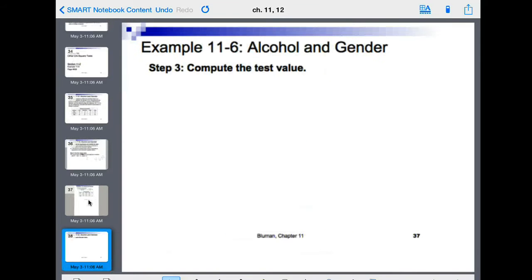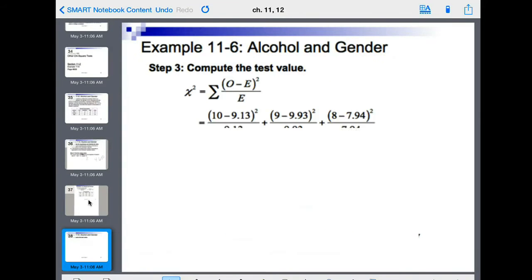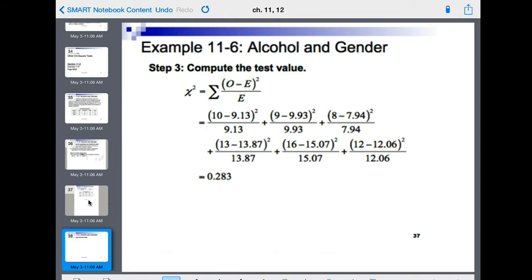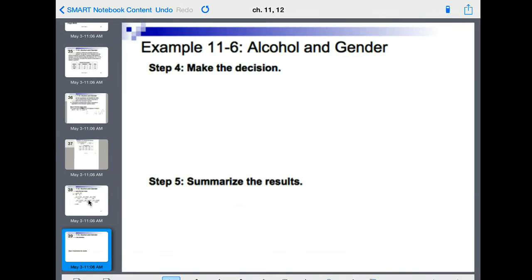Now, when we go through here, we're going to compute our test value. 10 minus 9.13 squared divided by 9.13. So on down the line, getting all our values subtracted out, we get a test value of 2.83. So we have to make our decision.